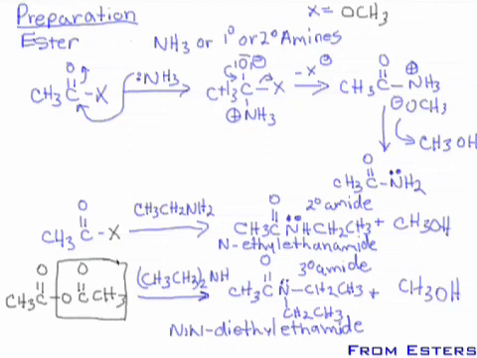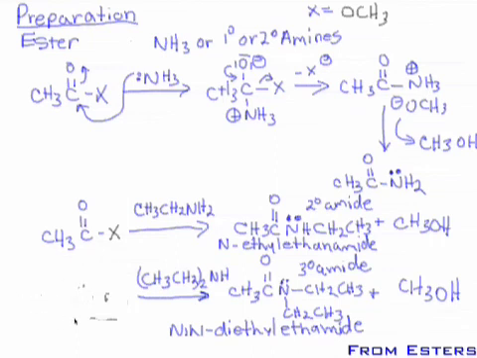And if I was to draw the reagent so that you could see it fully, that reagent would be as follows. Here we go. The X group is an OCH3.